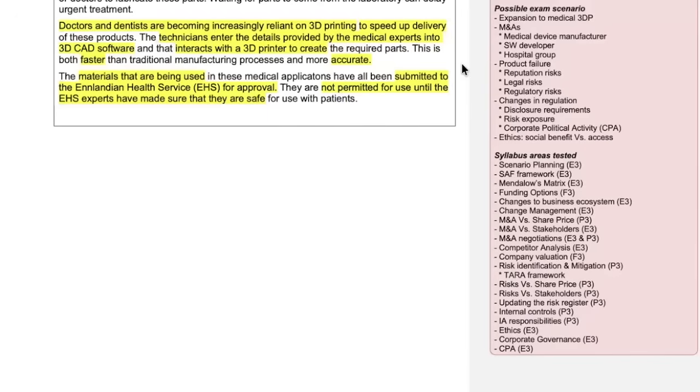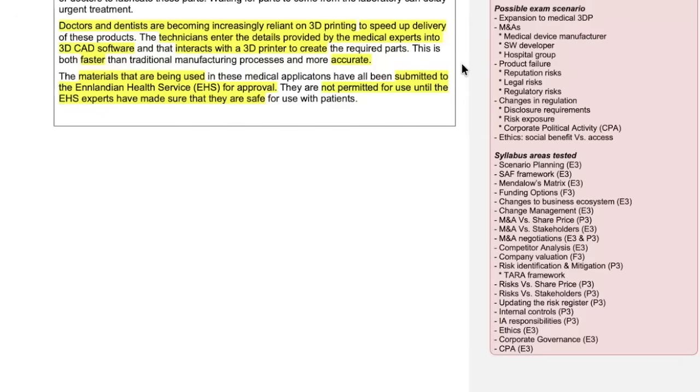And when operating within this type of industry, there could be a situation where we are exposed to some type of product failure, because we have to make sure that the 3D printed products meet the exact requirement and quality standards. If not, the patient might die. So definitely, there will be a scenario tied to product failure, which exposes us to reputational risks, legal risks, as well as regulatory risks.